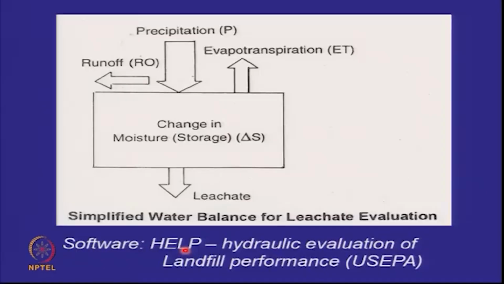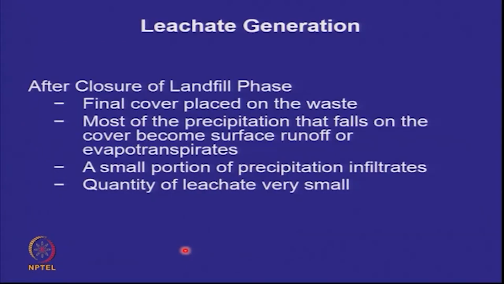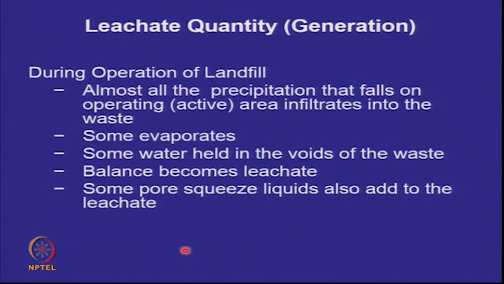And let me see if we can quickly capture that. So in leachate generation, the main thing is, during the operation of the landfill, almost all the precipitation that falls on the active area infiltrates into the waste. So I'm going to compare 2 areas of a landfill.